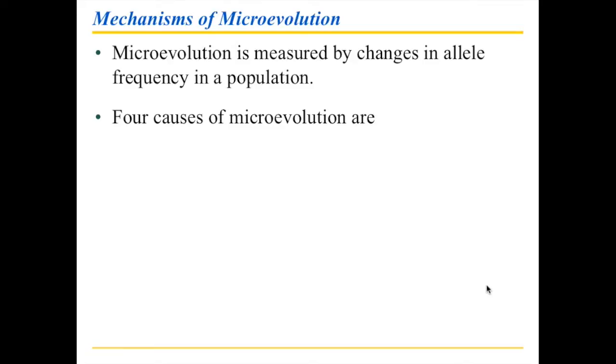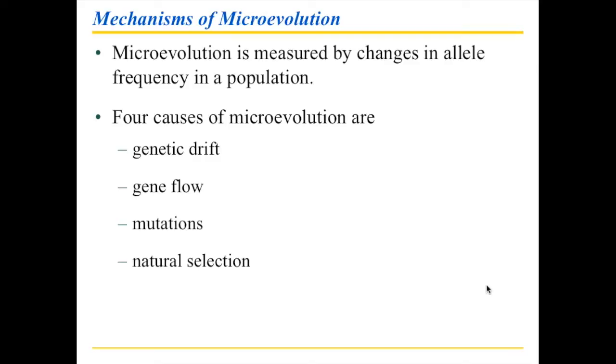And if you wonder why microevolution occurs, then there must obviously be some influences from the environment or from the genetic material itself that cause these things. And it turns out the 4 causes of microevolution are these. Genetic drift is one, gene flow is another, mutations are a third, and then natural selection is a fourth.